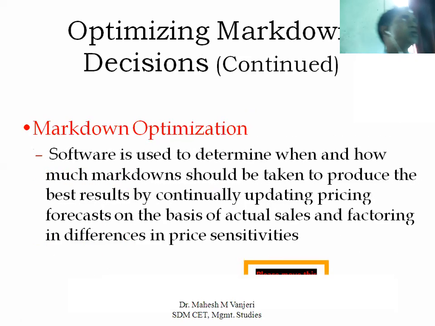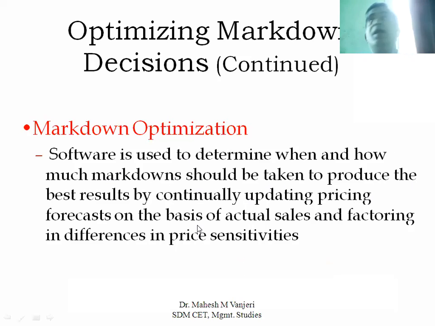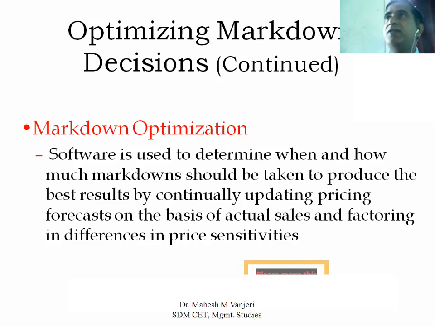Optimizing markdown decisions, continued. A software is used to determine when and how much markdown should be taken to produce the best results by continually updating pricing forecasts on the basis of actual sales and factoring in differences in price sensitivity. So there will be a software which will first identify the merchandise which is not moving fast.